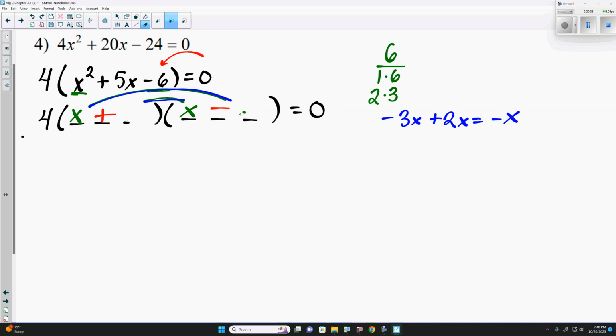We could switch the 2 and 3. If we switched them, would that just give you a positive x? Yes. And the only time that it would make a difference switching the constant terms, the 2 and 3 in this case, is if the numbers in front of x were something other than 1 or the same.